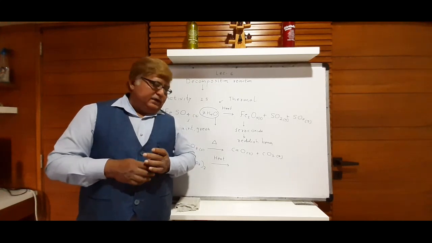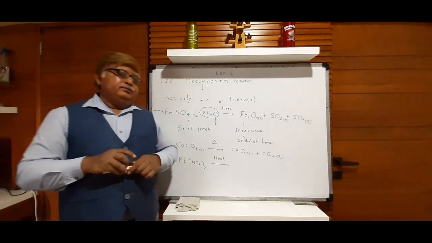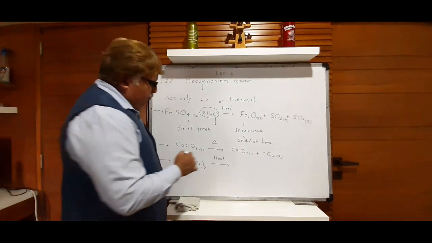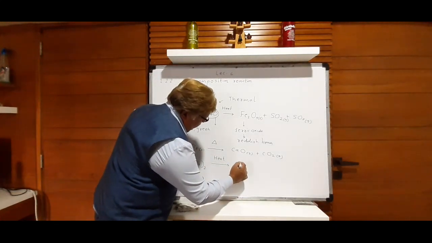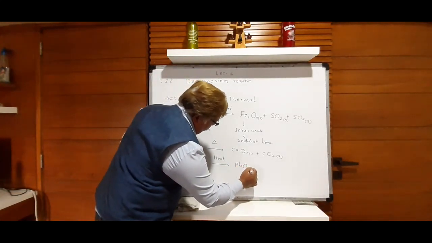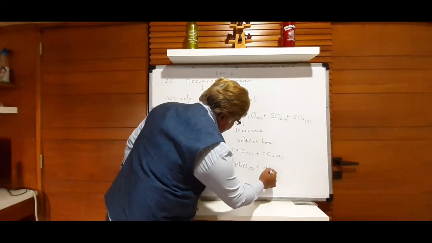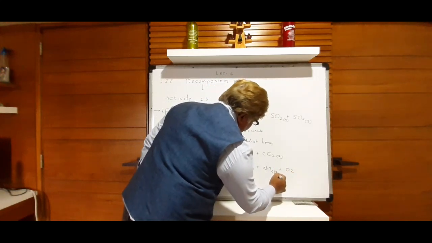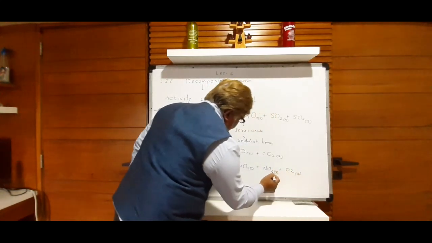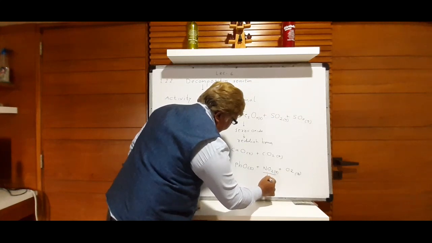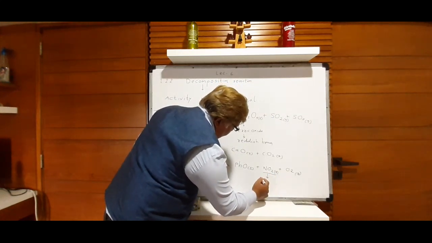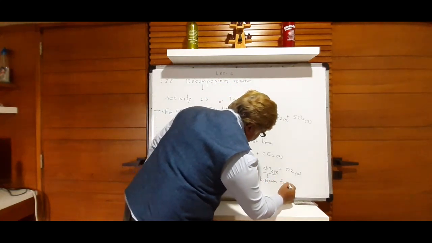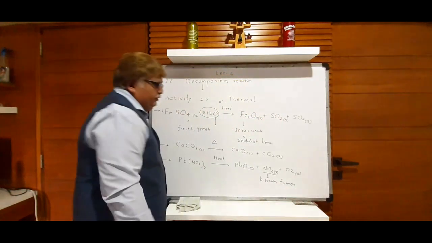It suggests that lead nitrate, by heating it, has decomposed into lead oxide plus nitrogen dioxide plus oxygen, in gaseous form. Actually, the brown fumes you see are of nitrogen dioxide.